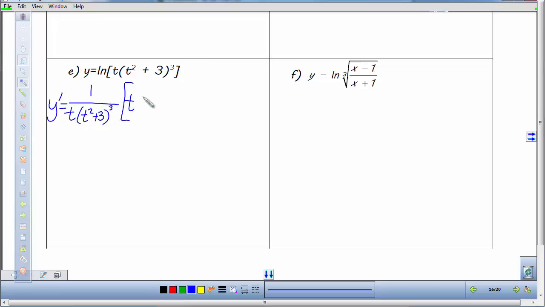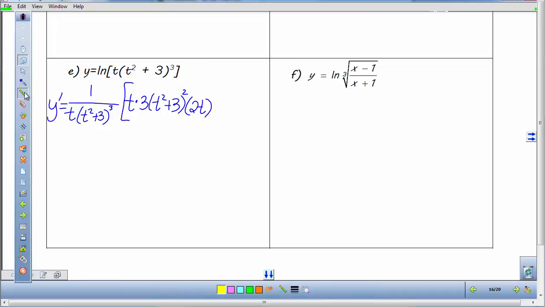So that becomes what? 3t squared plus 3 squared times 2t. All of that was the derivative of the second.